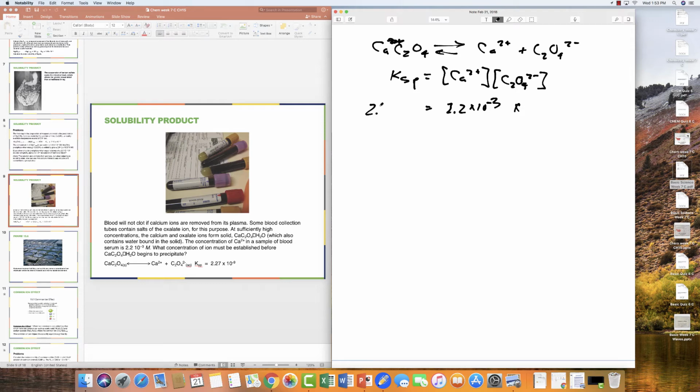We don't know the oxalate, and we know the Ksp is 2.27 times 10 to the minus 9. Now if we divide 2.27 by 2.2, it's going to be approximately 1 times 10 to the minus 6. So the concentration of oxalate that will result in precipitation is anything greater than 1 times 10 to the minus 6.